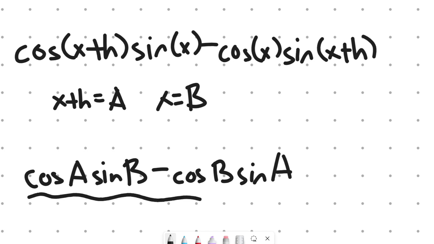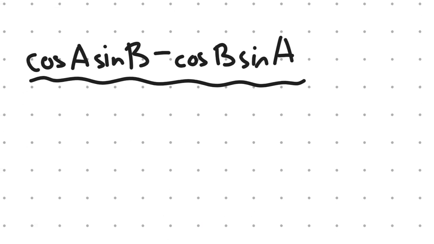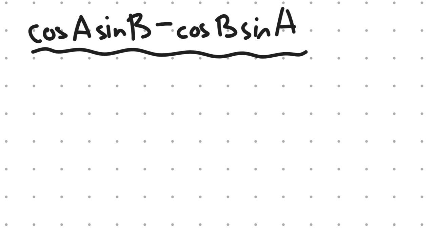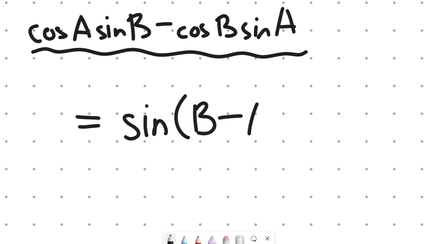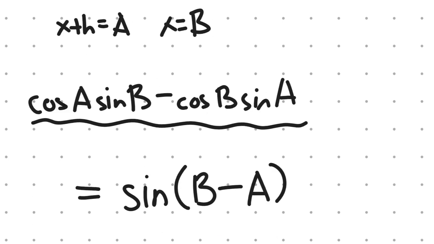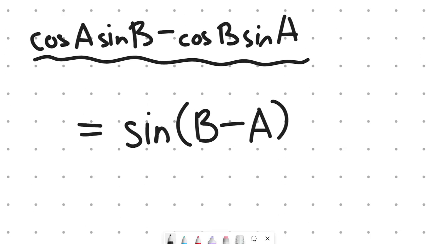This reminds me of the subtraction formula for sine. I'm not going to explain why because there's a proof of it in my videos. So it is just equal to the sine of b minus a. Since we have x plus h and x, b was indeed x and a was x plus h.